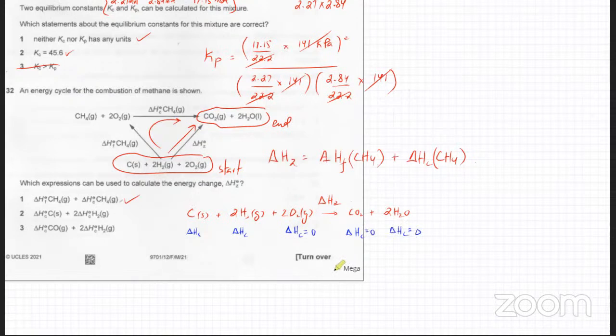In simple words, it's carbon getting burnt in oxygen to form CO2, and the 2H2 also getting burnt to form H2O. So it's the enthalpy of combustion of carbon plus the enthalpy of combustion of H2 multiplied by 2. So option number 2 looks to be correct.